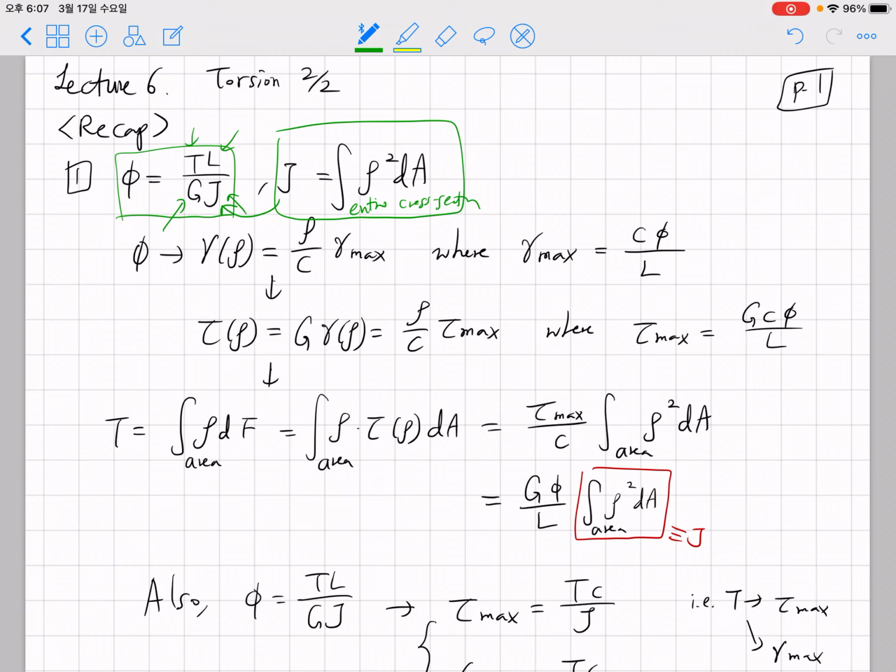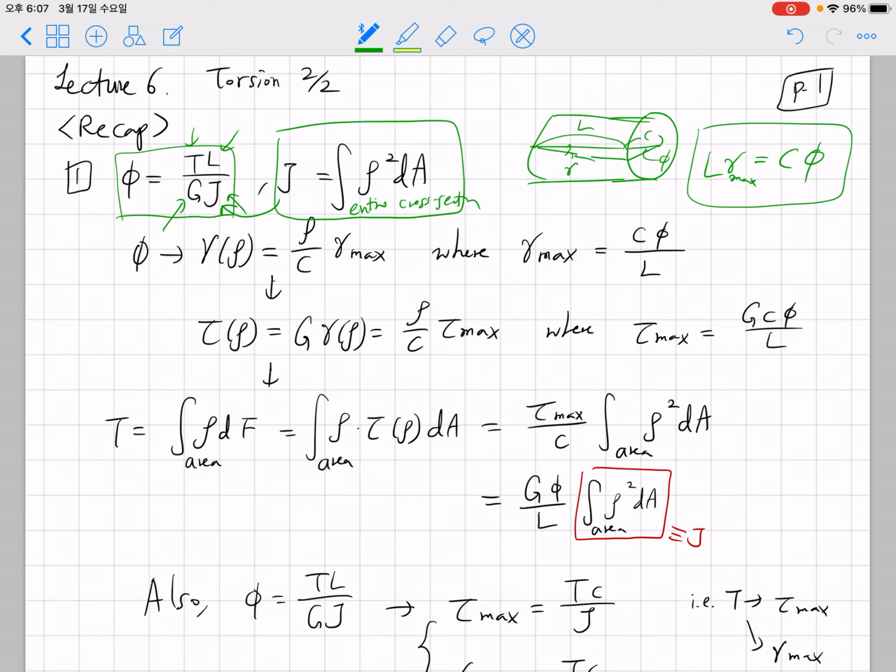And how did we derive this formula? We began by drawing a simple middle school geometry relationship. If you multiply radius and the angle phi, and if you multiply the length and the angle gamma, then L gamma must be the same as C phi, and it must be gamma max, because we are concerned with the shear strain on the surface.